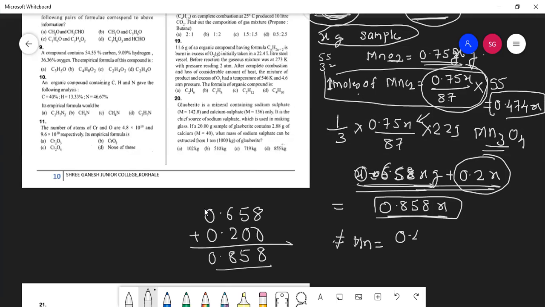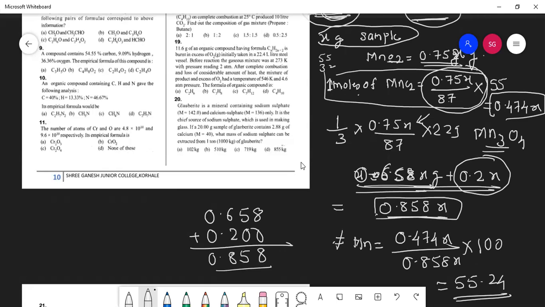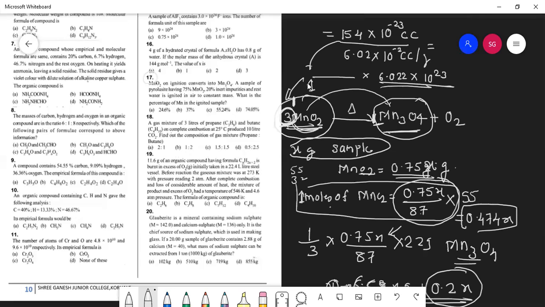So 0.474x upon the total residue 0.858x into percent, means into 100. If you solve this, students, you will get 55.24%. We'll just see if it is present in the options. Yes, that is option C.